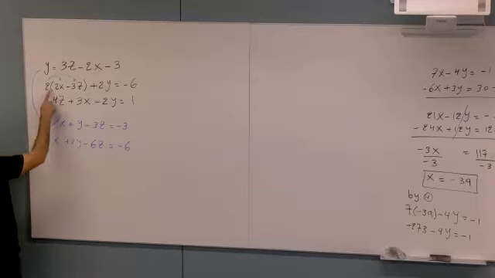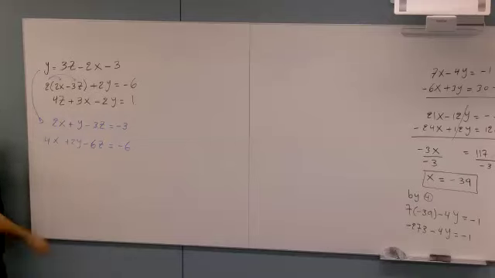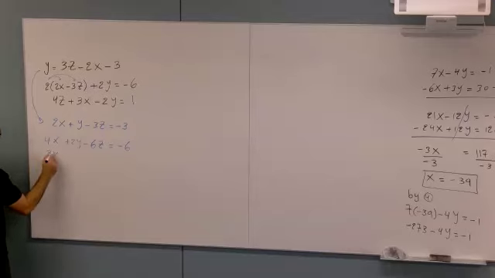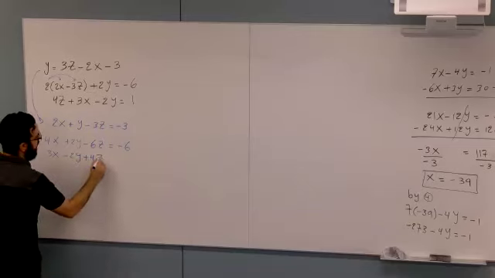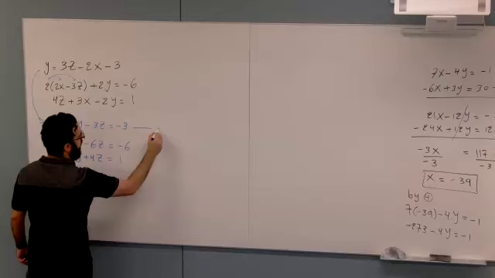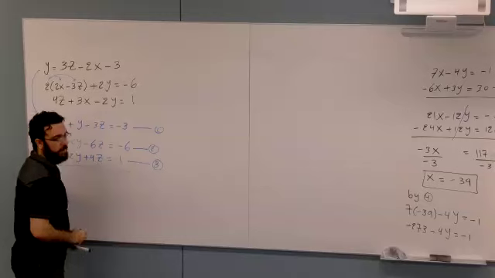I'm distributing here, 4x. 2 times negative 3 is negative 6, because I'm writing down here negative 6, to match with the first equation. The third one, you just have to switch the terms. So it's going to be 3x minus 2y plus 4z equal 1. So now here is the system. This is number 1. This is number 2. And this is number 3.